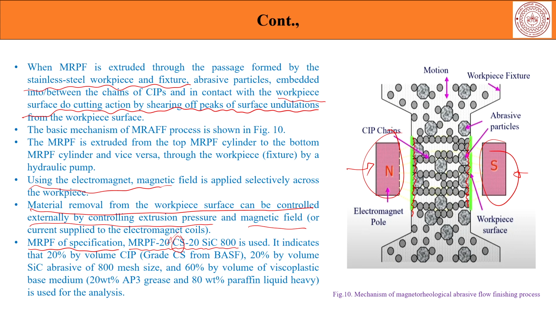You have again a certain percentage of the abrasive. In this case it is the silicon carbide abrasive, which has 20% by volume again, and then this number here mentions the mesh size of the SiC. It is about 60%, of course, because the 20 plus 20 is occupied by the CIP and the abrasive.